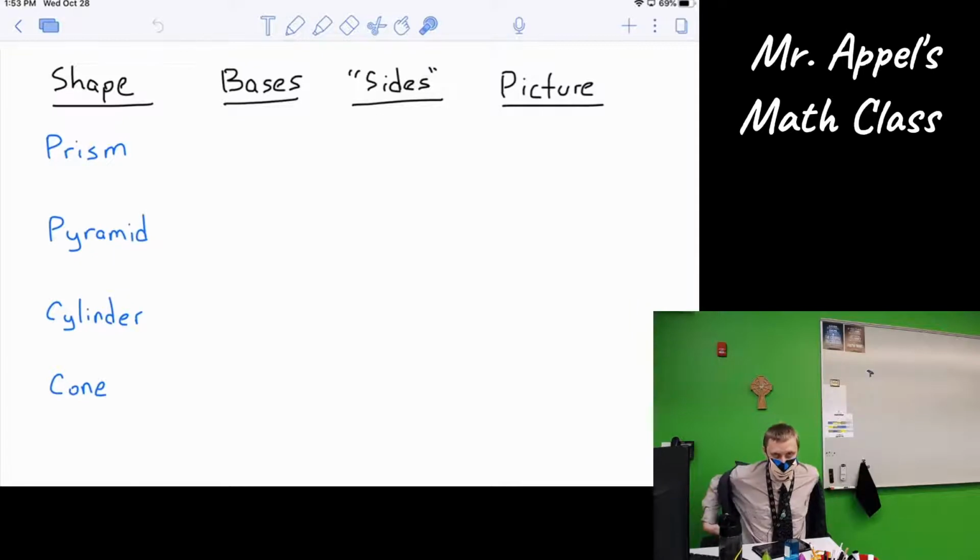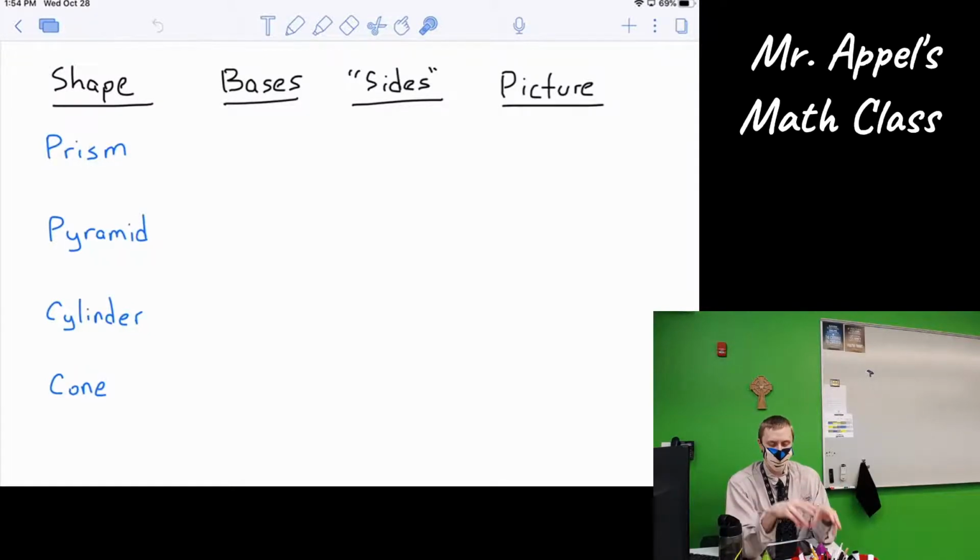So we're introduced to 4 main types of 3D shapes in this section: the prism, pyramid, cylinder, and cone. I have a sampling of them here. And I'm sure if I gave these to any one of you, you could probably start sorting them. And here's the prisms, and here's the pyramids, and you could probably figure that out pretty easily.